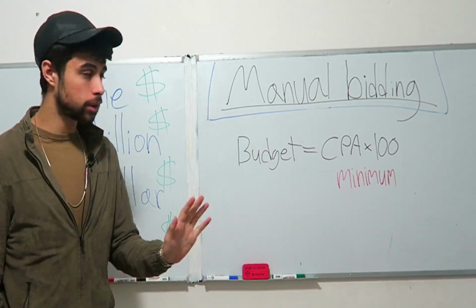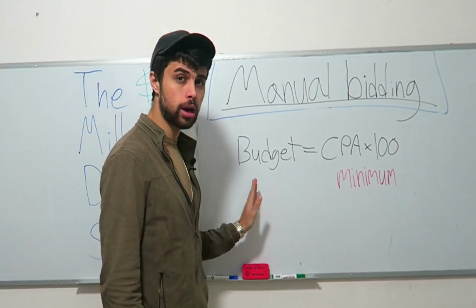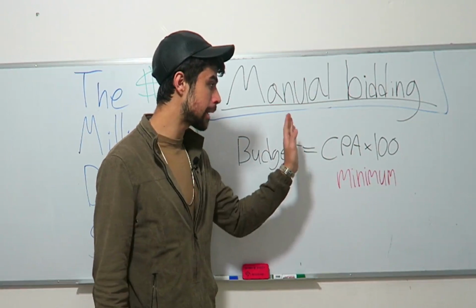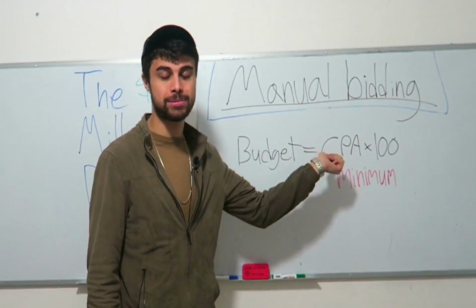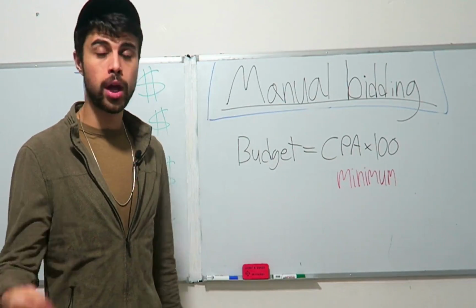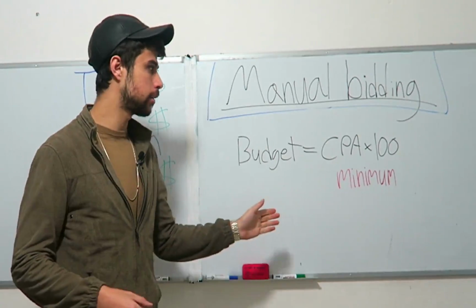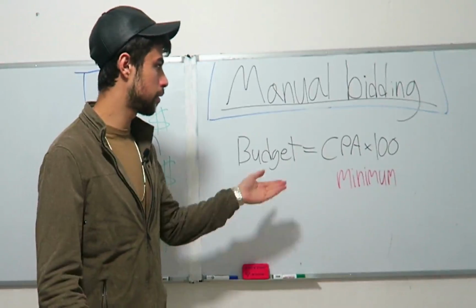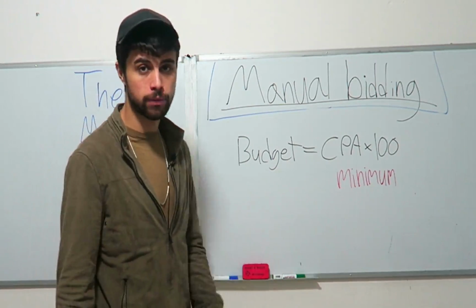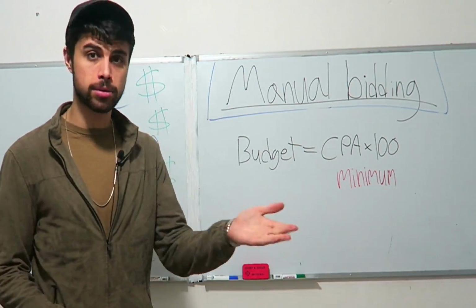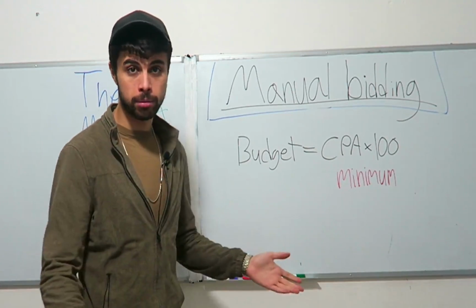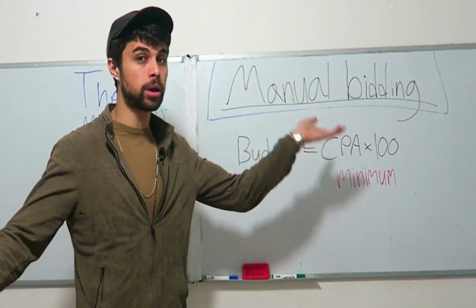But in a nutshell, the most important thing is the budget on your manual bidding ads has to be a minimum of 100 times your CPA of your test ad. So if you're paying $1.50 on your test ads, then what is going to be your manual bidding budget? It's going to be 150, right? Because 1.5 times 100 is 150, a minimum. If you want to scale more, then you'll probably want to put more on that.